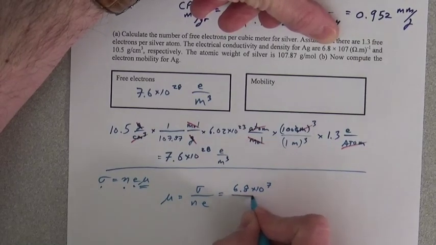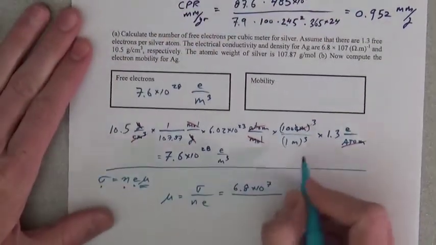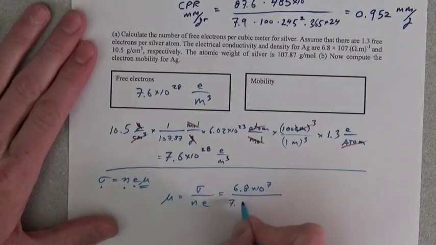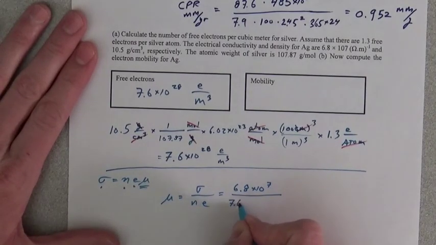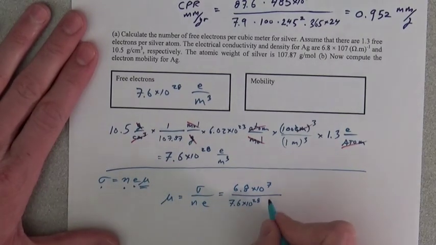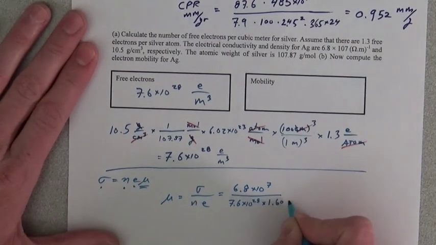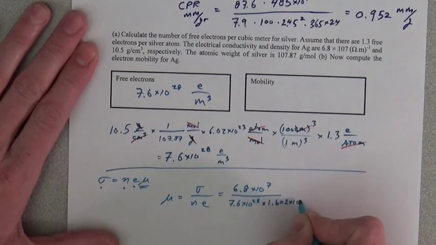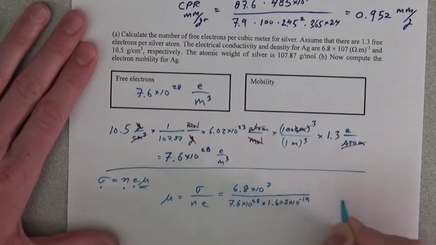I'll put the units in afterwards. N is 7.6 times 10 to the 28, and e is 1.602 times 10 to the minus 19.